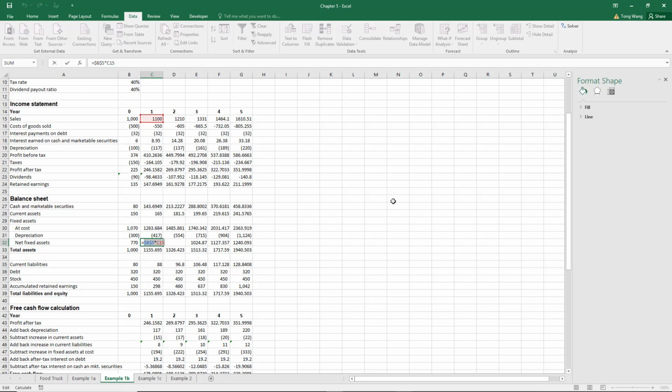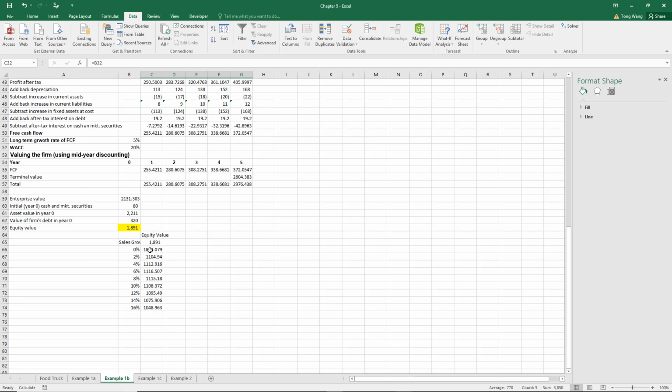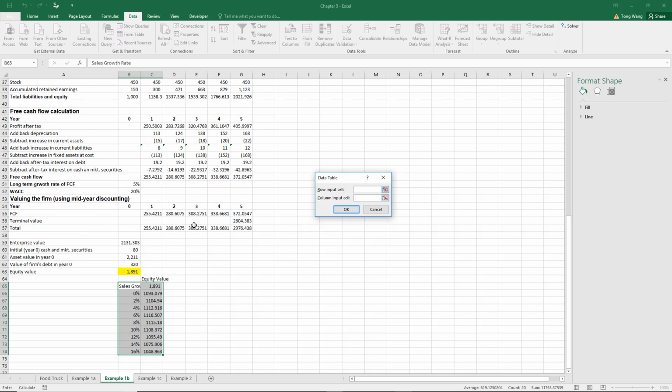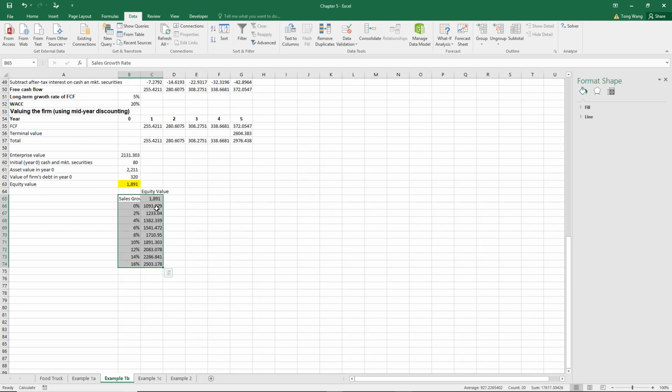So it remains constant, meaning the current number is equal to the previous year's number. So it doesn't grow. In this case, let's see. Again, you need to actually update your data table, because this one won't update automatically. So you have to rerun your data table. Okay, these are the updated numbers for the stock price.